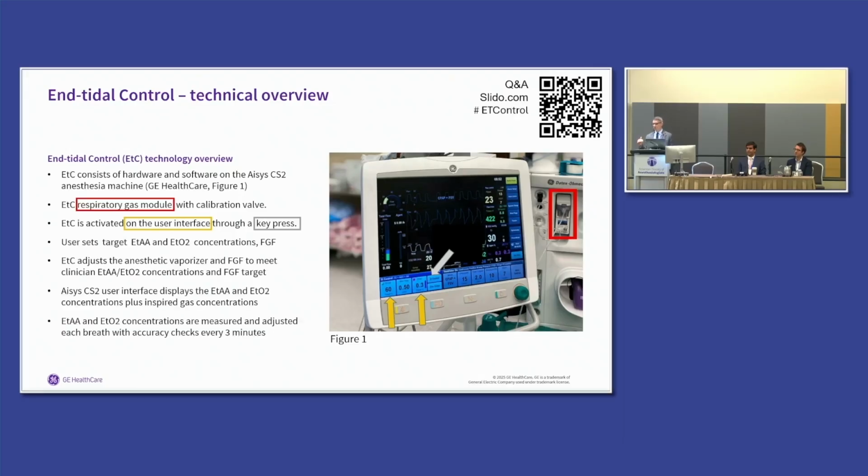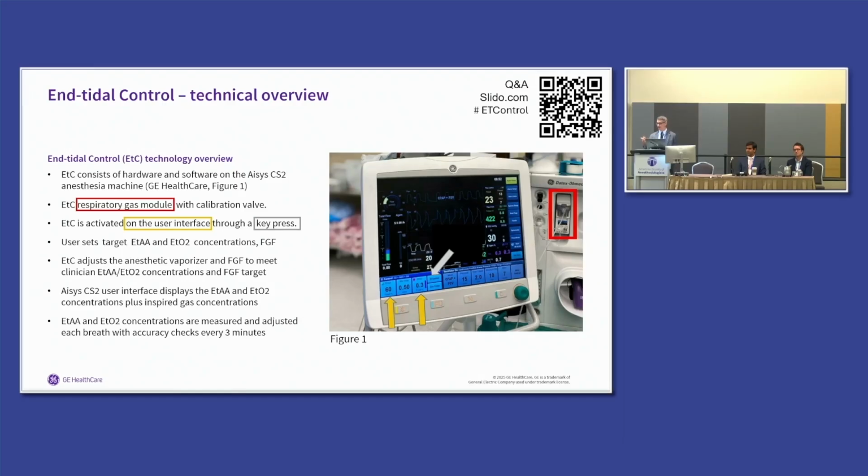Once end tidal control is enabled, the machine takes over your manual adjustments of fresh gas flow, oxygen, and anesthetic. It allows you to set the fresh gas flow that you want the patient to receive, the end tidal oxygen you want that patient to receive, the end tidal anesthetic you want that patient to receive, and then the machine makes the adjustments.